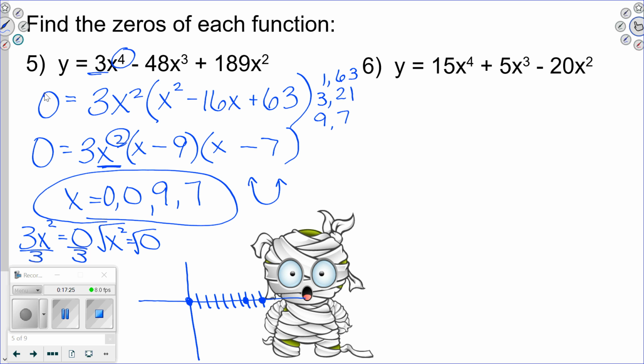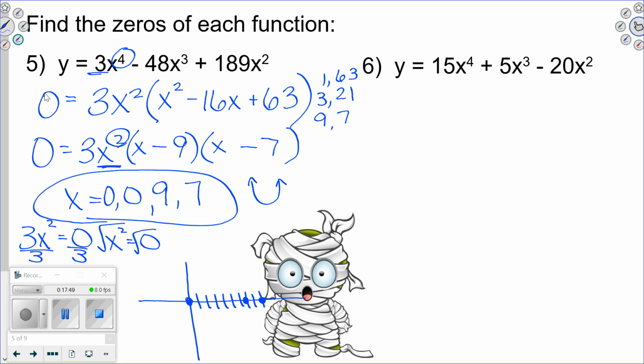What's it doing? It comes down, and does it actually go through it? Did it cross over the x-axis? But did it touch 0? It comes down and we call it a bounce.